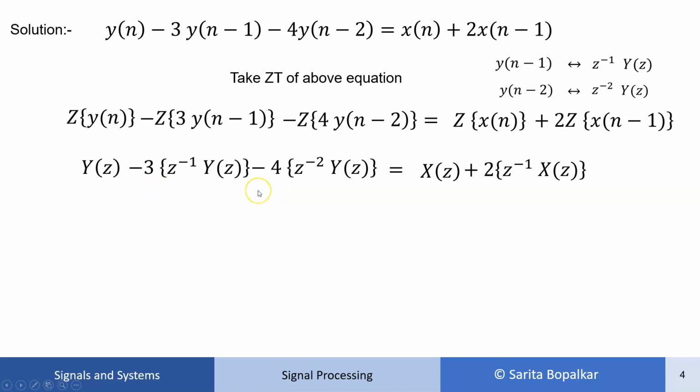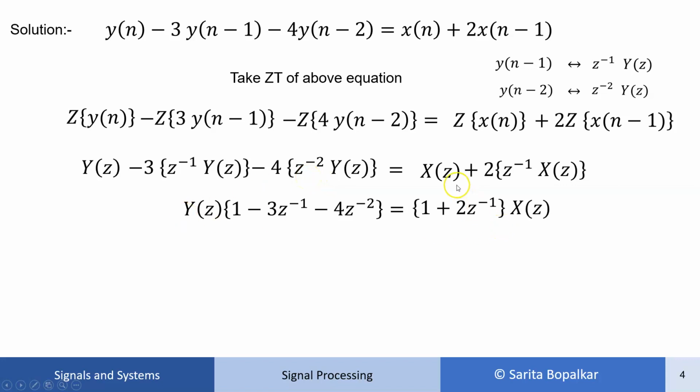Now take Y of z common on the left and X of z common on the right, because for the transfer function we want the ratio of Y of z upon X of z. From the three terms we take Y of z common: 1 minus 3z raised to minus 1 minus 4z raised to minus 2. On the right, X of z common: 1 plus 2z raised to minus 1.